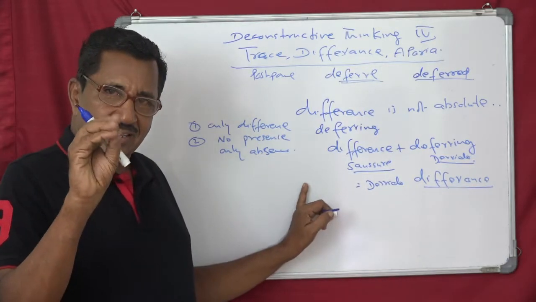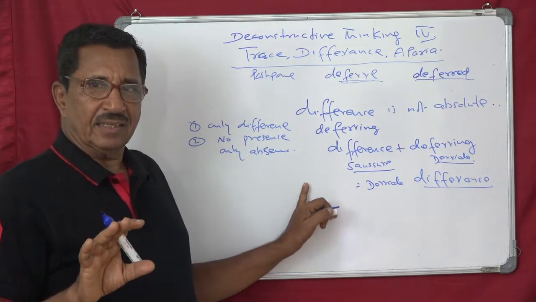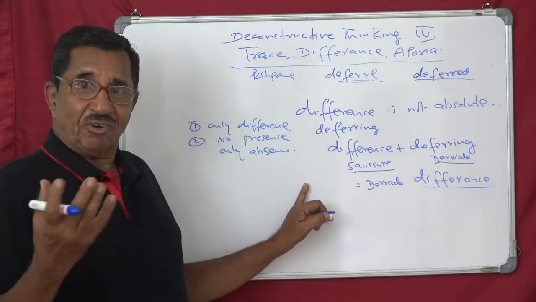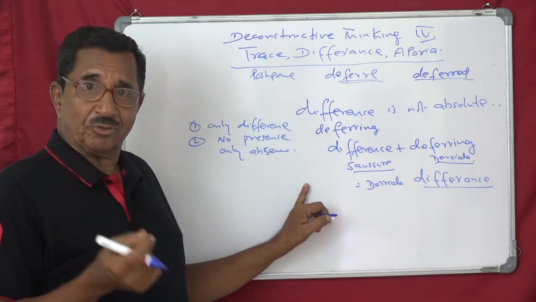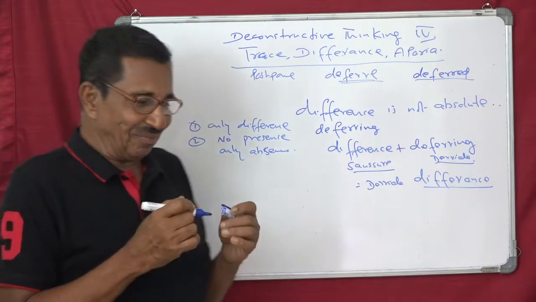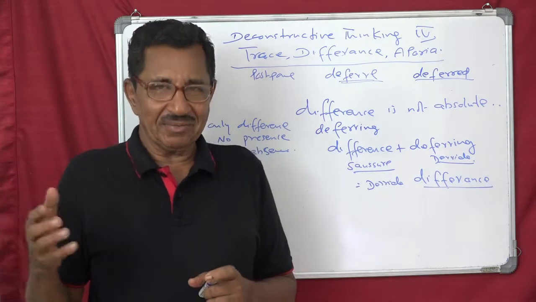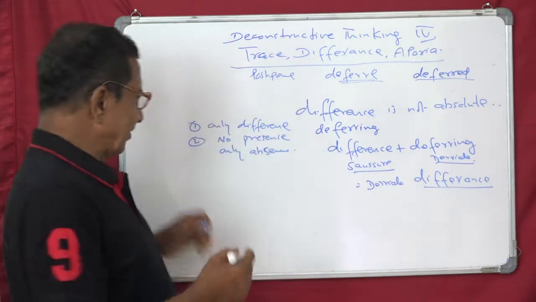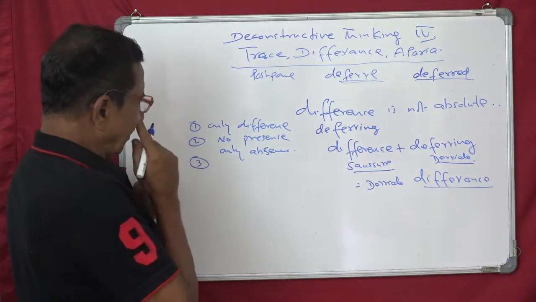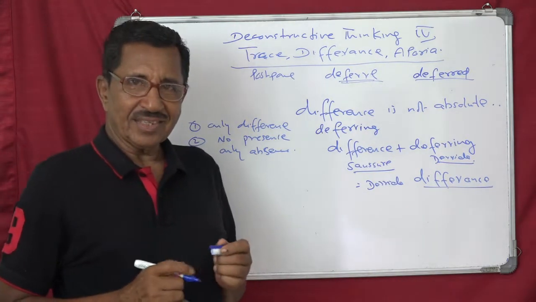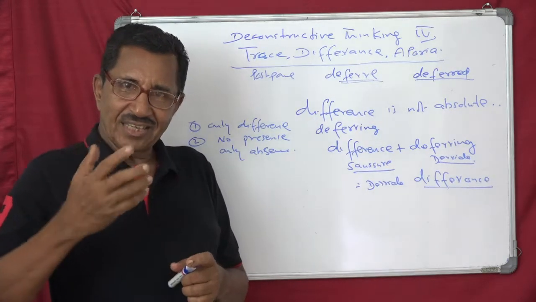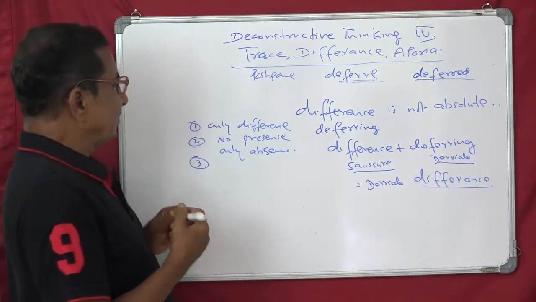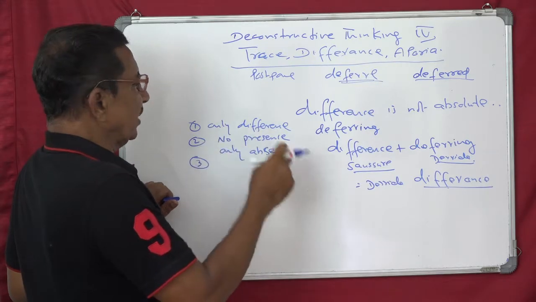The object is absent. That's what is meant by absence. In the dictionary you won't find a cat or dog. A dictionary is not a zoo. You can have any number of names of animals in the dictionary, but only absence, no presence. And the third point is, in fact, these are obvious, no? But these great linguists have found this out and they are convincing us. That's the point. Only difference, no presence, only absence.